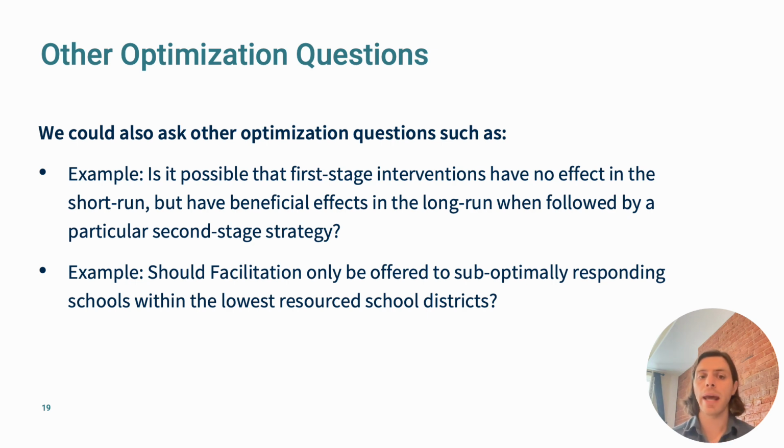So we could ask, should facilitation only be offered to suboptimally responding schools within lower resource school districts? So these are just 2 possibilities of questions you could ask. I'm sure if you guys just sat here for 10 minutes, you could come up with many others that could really be used to enrich this clustered adaptive intervention.